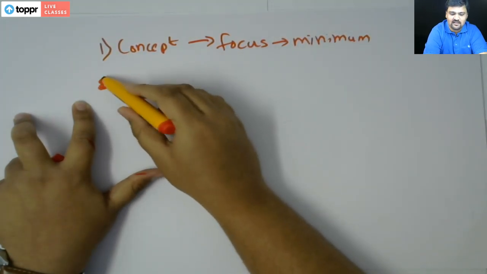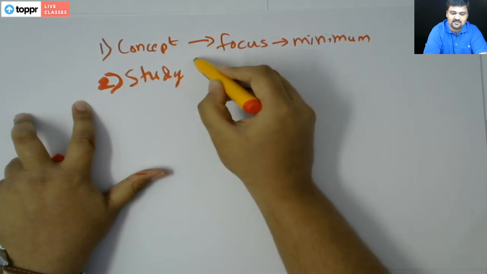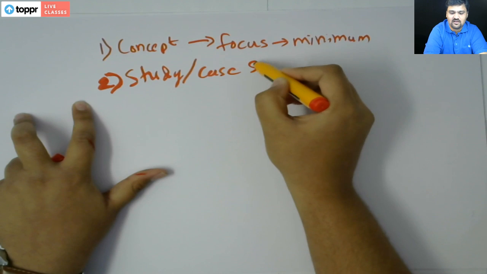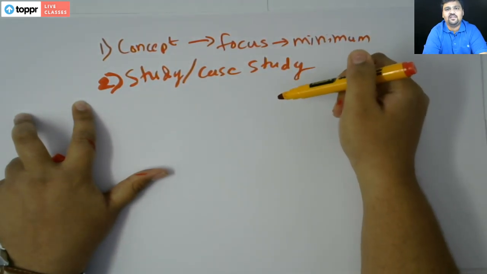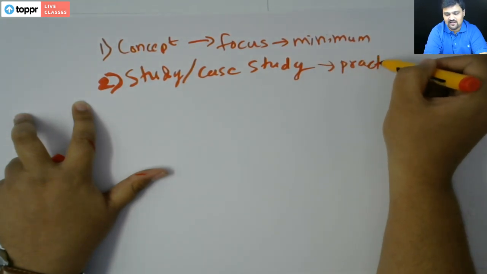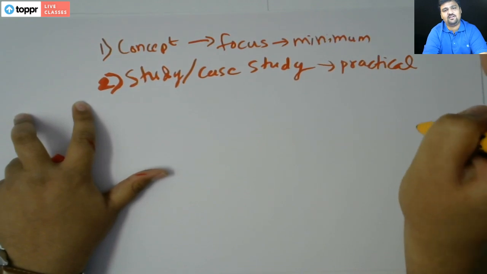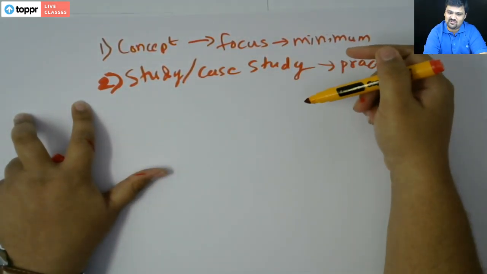Okay? Now, next could be case study based questions. Okay, these questions are real life case studies. They are usually practical in nature, so you have to put yourself in the shoes of the decision maker and then answer these questions.